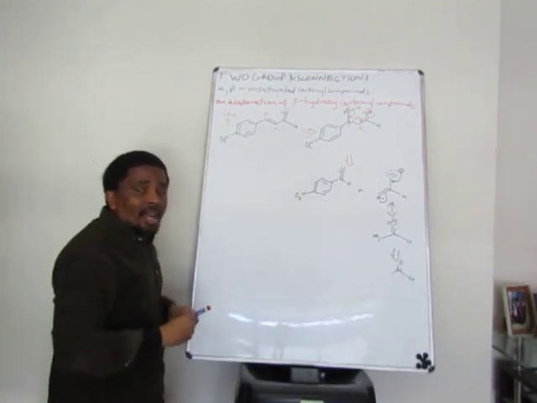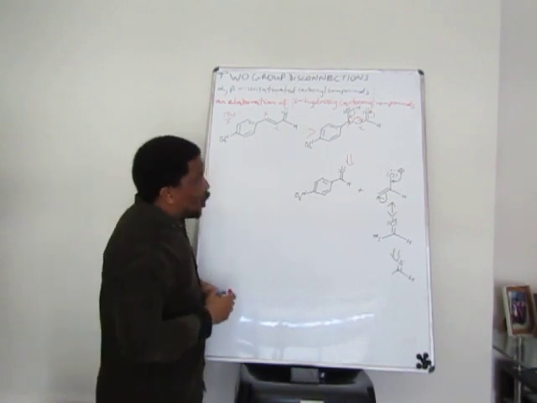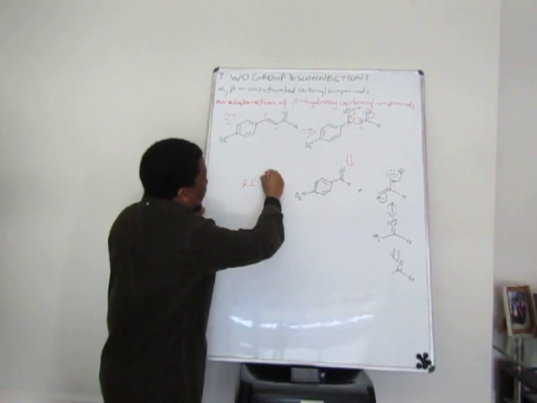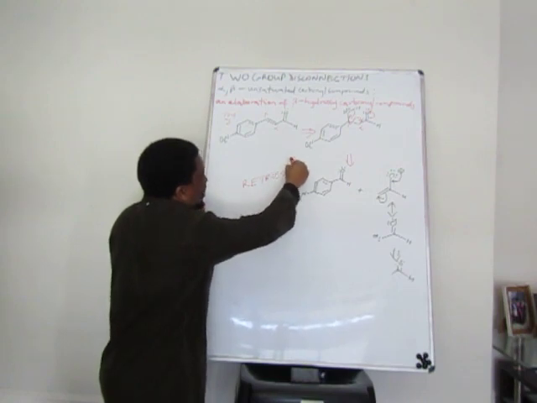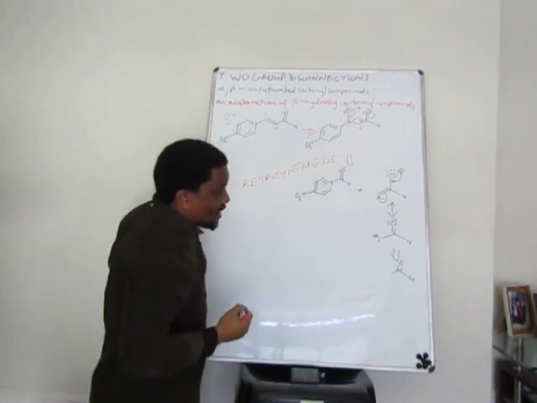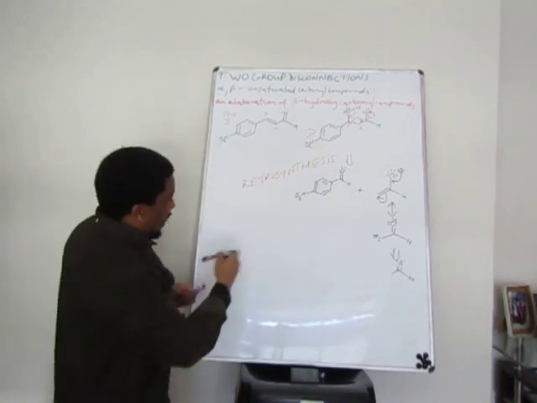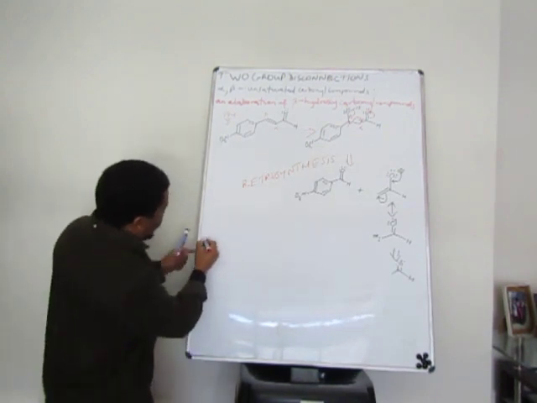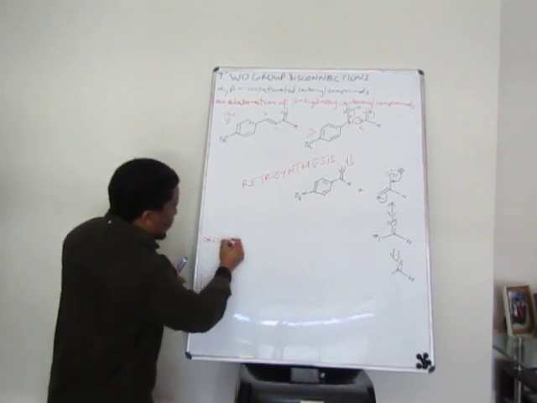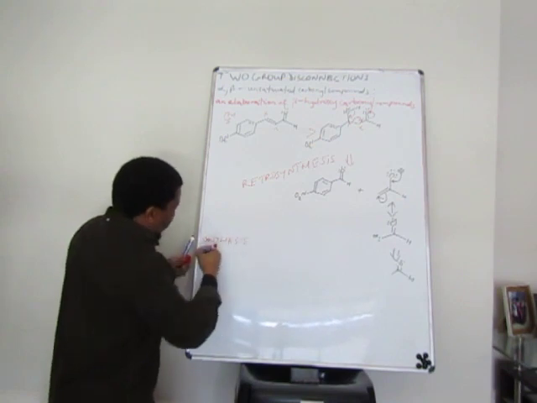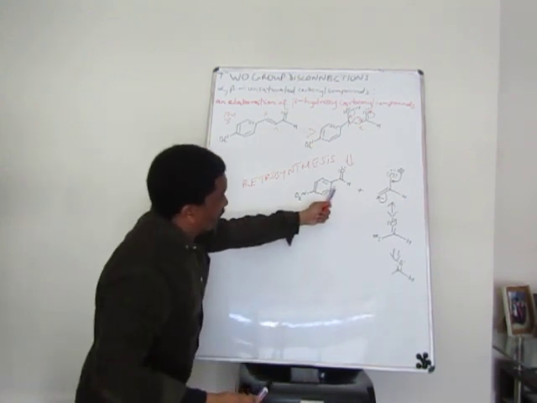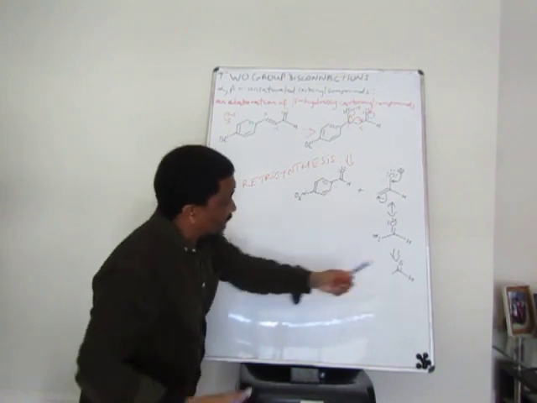Then I can carry out my aldol condensation. So this was my retrosynthesis. Now I can easily go to my synthesis. There's my synthesis. With my synthesis, this is your aldol condensation because we've got my aldehyde here and aldehyde here.